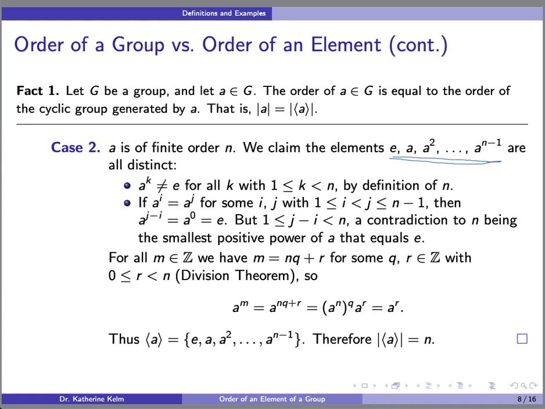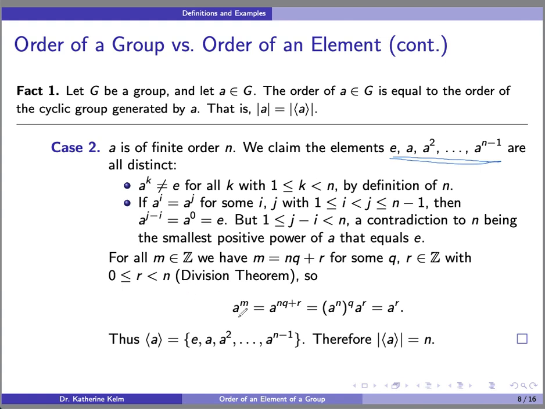To see that this list actually constitutes all of the elements of the cyclic group generated by A, it remains to show that there are no other powers of A that are distinct from these on the list. And for this, we can note that if m is any integer, we can use the division theorem to write m equals nq plus r for some q and r where r is non-negative and less than n.